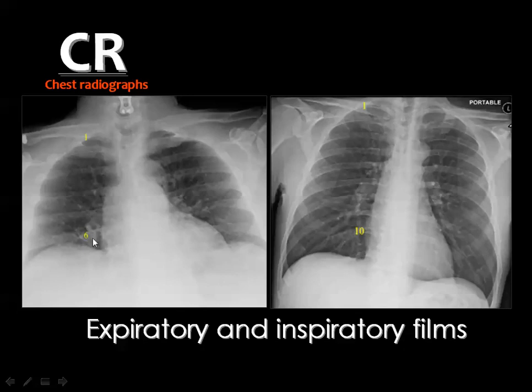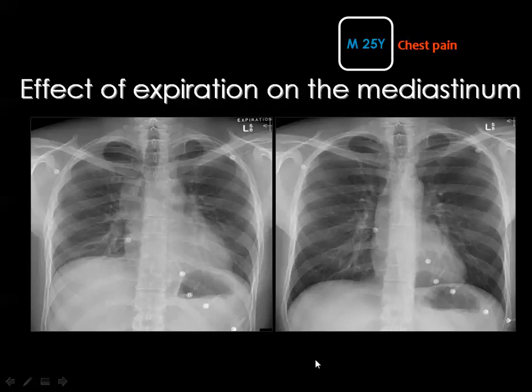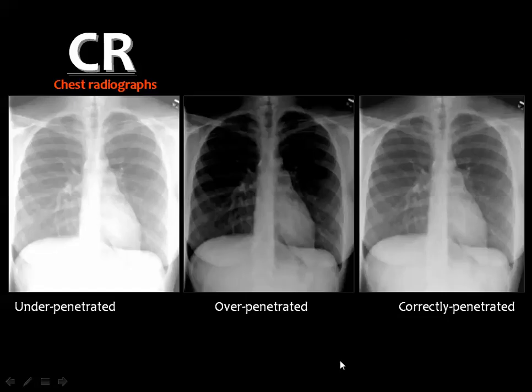Here you can see the diaphragm is reaching the sixth rib posteriorly, but if the patient had adequate inspiration, the diaphragm will descend down to the 10th rib posteriorly. This is the difference between expiratory or inadequate inspiration and adequate inspiration. You see the elevation of the diaphragm, the flattening of the cardiac shadow, and the broadening of the mediastinal borders.